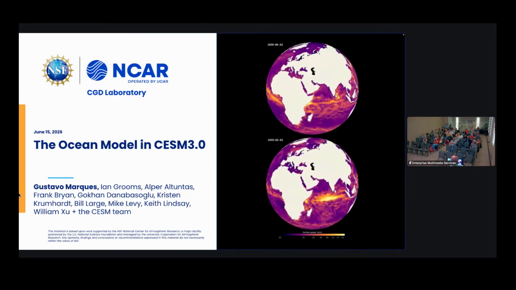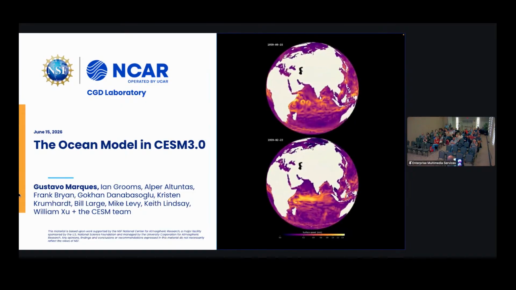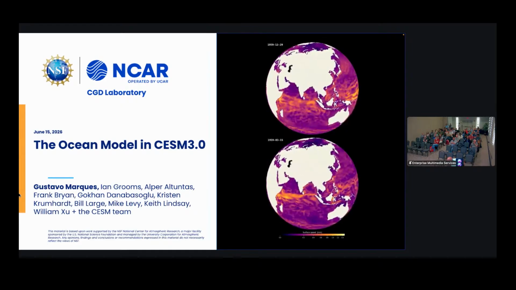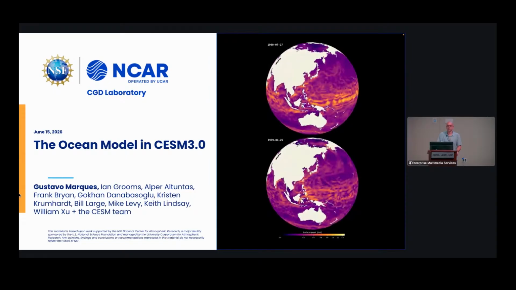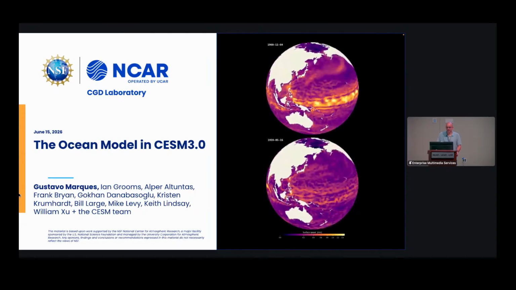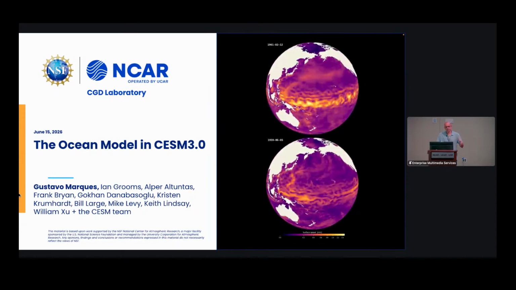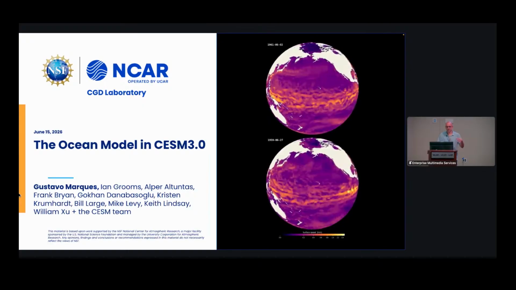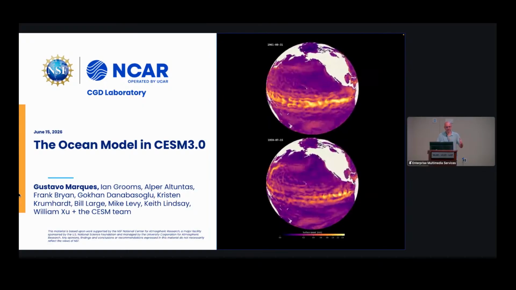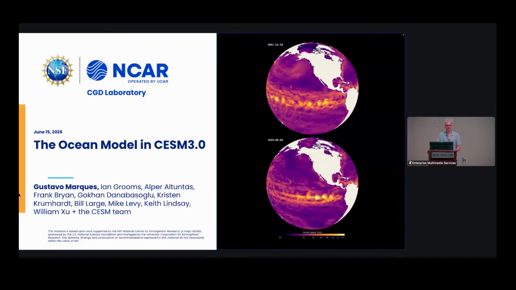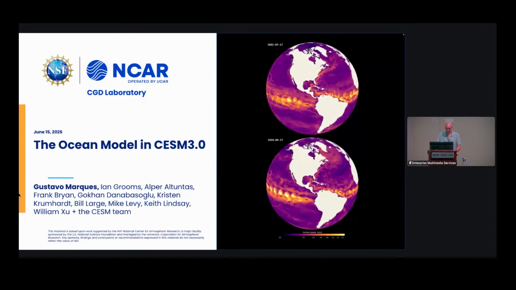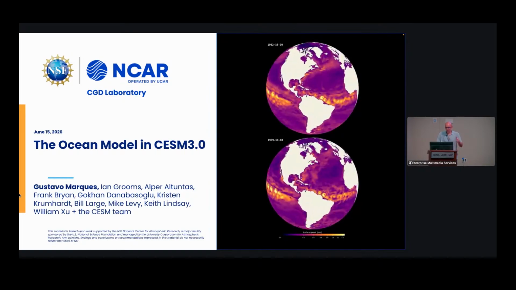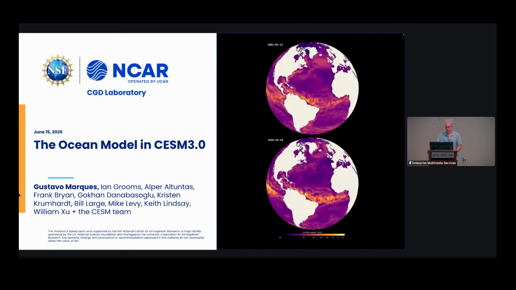Afternoon. Initially I was going to walk through the main parameterizations and combine them with the most recent historical runs that we have. But then I changed my mind, as we're still running into a few issues, and I decided it would be more useful to show the latest in development and get feedback from the community. These two simulations are from the 2/3 workhorse.